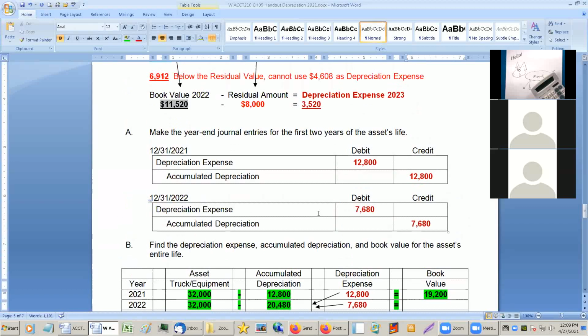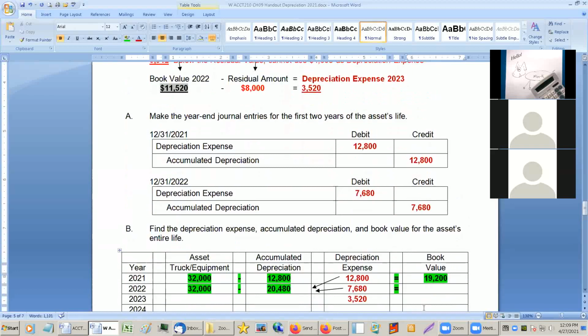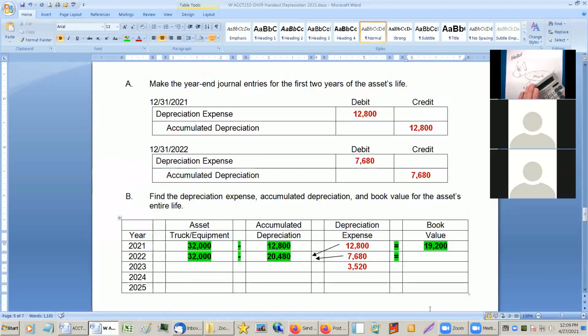And this should not be just the same as that 1,120 we had. Let's check this to make sure. 520.